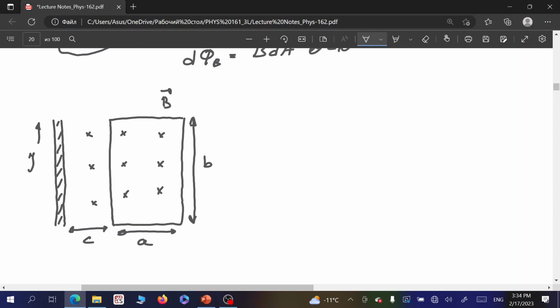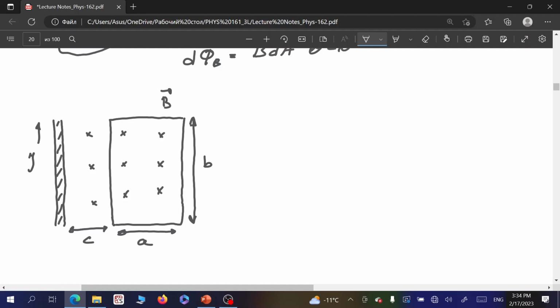Its magnitude is dropping proportional to 1 over r, where r is the distance from the wire. So that should obviously be taken into account.